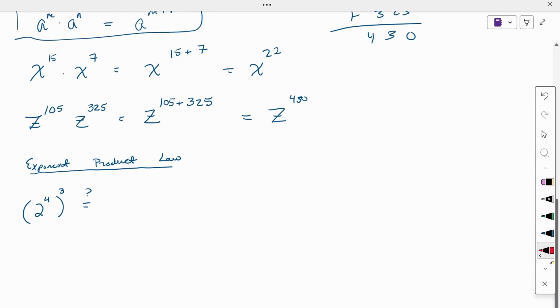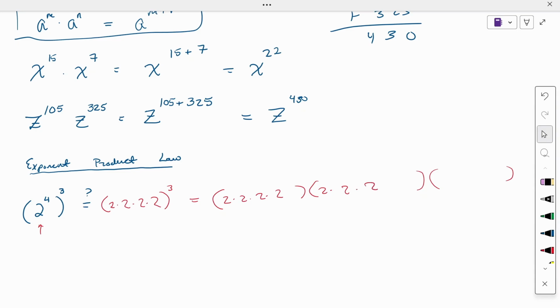Well, starting with what's inside, 2 to the 4th, of course, would just be 2 times 2 times 2 times 2. But because you raise this quantity to the 3rd power, what you're doing is you're multiplying this stack of 2's with itself 3 times.